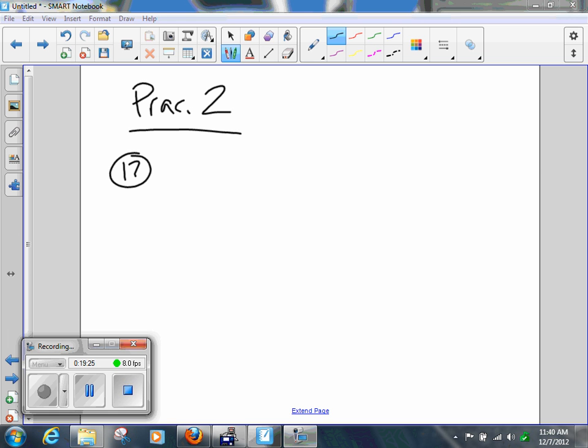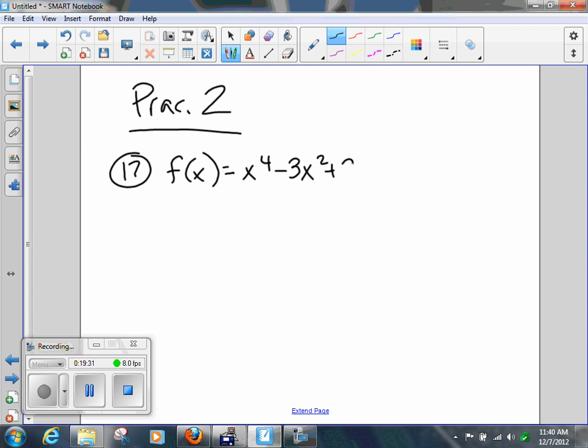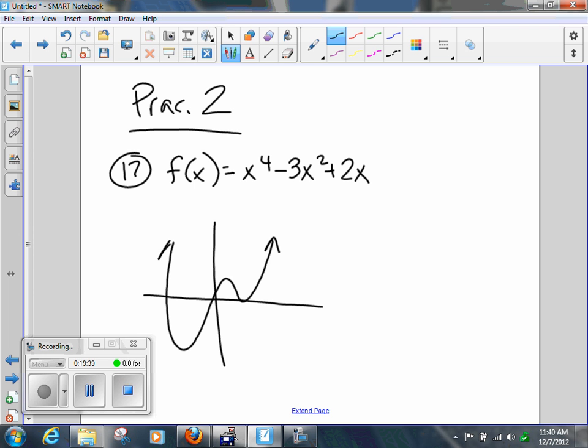All right, 17. Mariah, you see this right here? Here's something you need to think about, folks. Look at what this is asking. It says, which is true of the zeros?